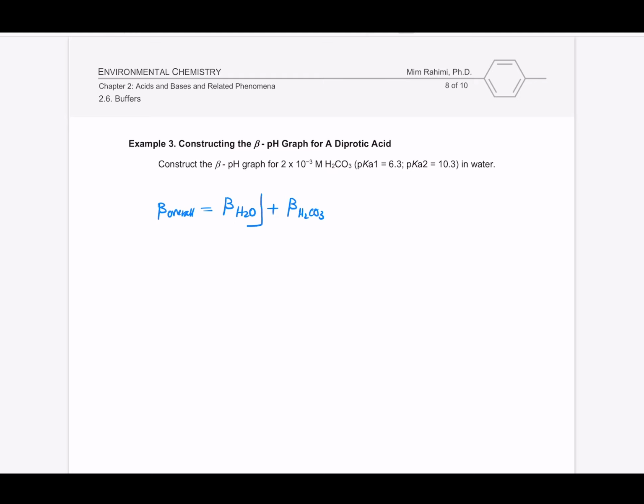Again, this is color coded as blue, carbonic acid as green, and this is basically orange. Similarly, we have beta H2O, the same expression, 2.303 times OH minus plus H plus.